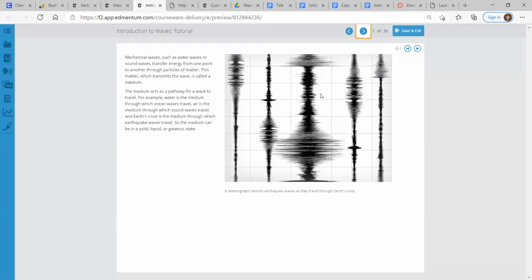So for example, water is the medium through which ocean waves travel. Air is the medium through which sound waves travel. And Earth's crust is the medium through which earthquake waves travel. And the medium can be solid, liquid, or in a gaseous state. So whatever the wave is moving through, that is called the medium.